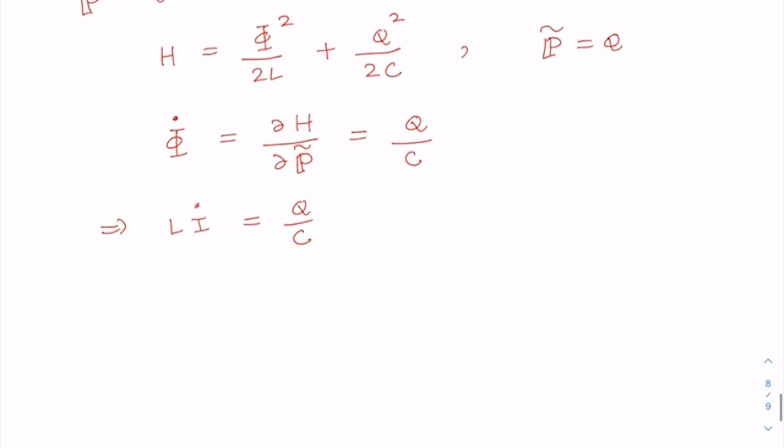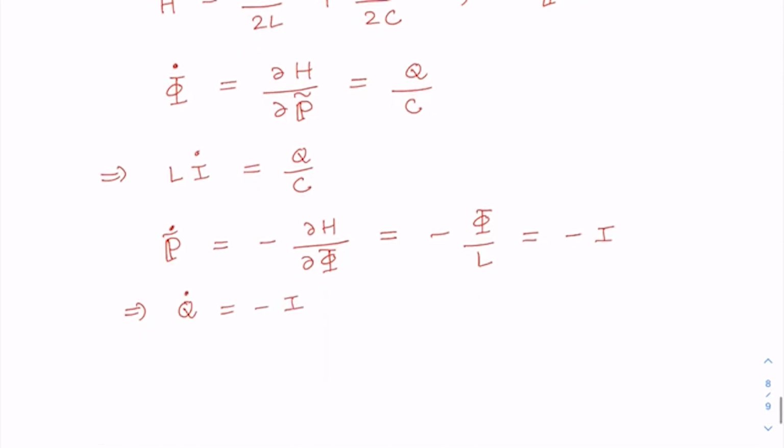this we already know. Another thing is about the momentum. P dot is equal to minus del H, the generalized coordinate is phi, and from here we'll get phi by L, and this is nothing but minus I. Because P tilde is your Q, Q dot is equal to minus I. This is also correct.